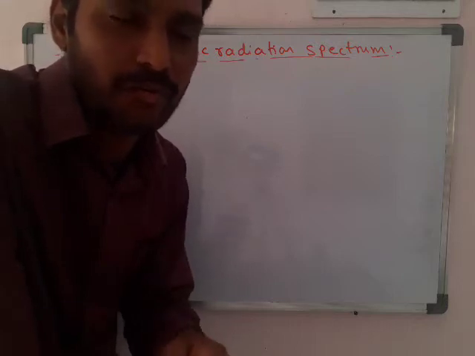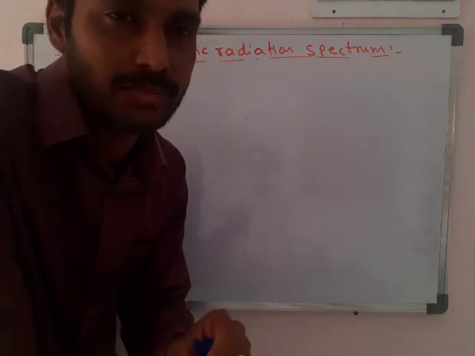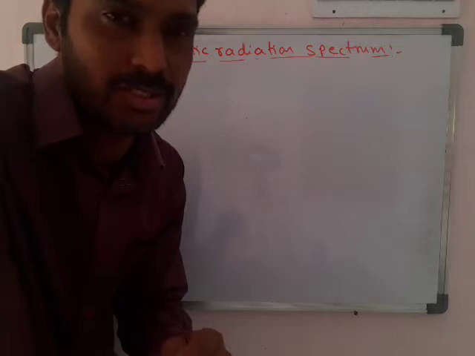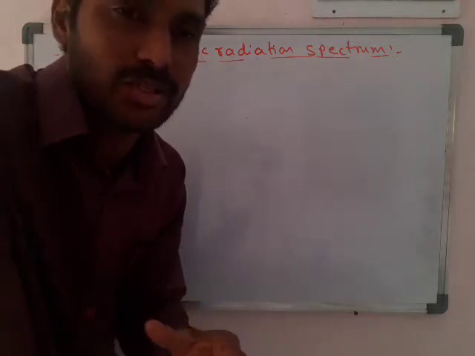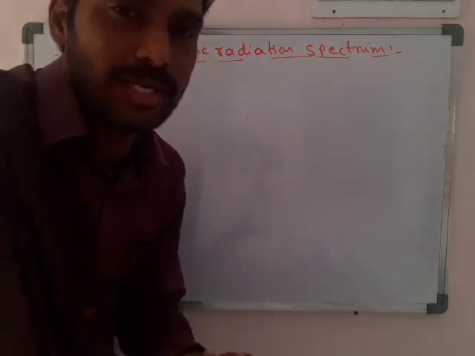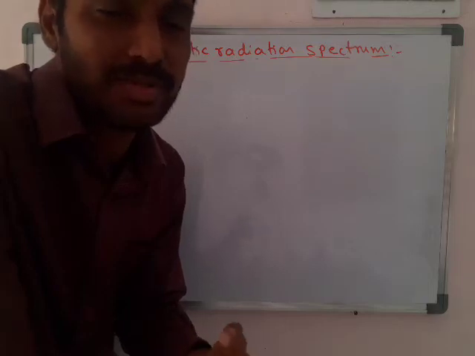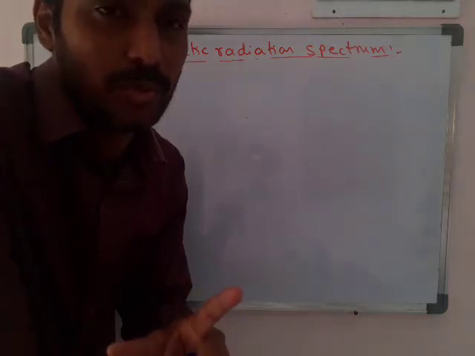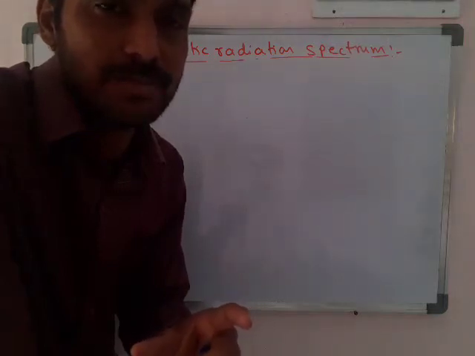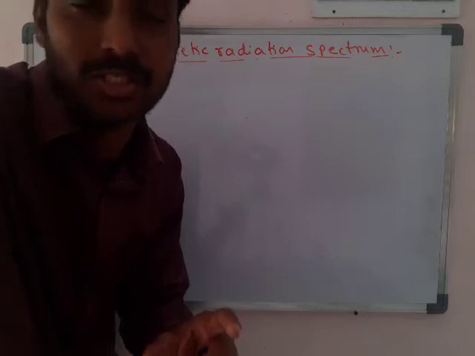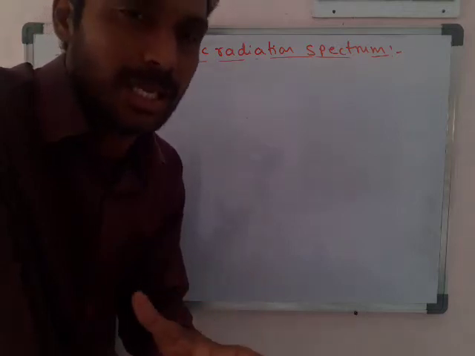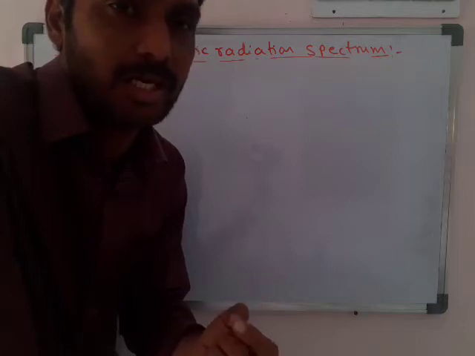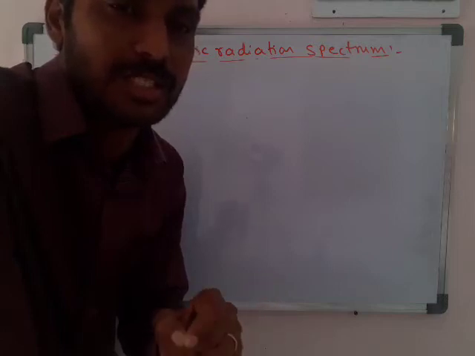Alpha and beta rays do not come from electromagnetic radiations; only gamma rays do. The one property that is the same in all of them is speed, that is 3 into 10 power 8 meters per second, or 3 into 10 power 10 centimeters per second.